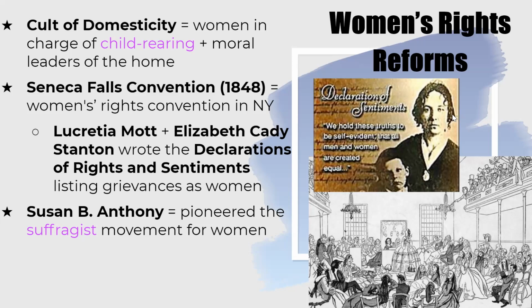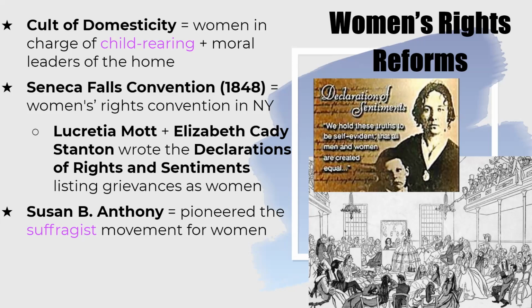So you see the Declaration of Independence: we hold these truths to be self-evident that all men and women are created equal. Bold statement, to do that to the founding document of the country, to show how they were left out of it. And you have Susan B. Anthony, who pioneered the women's right to vote movement, the suffragist movement.